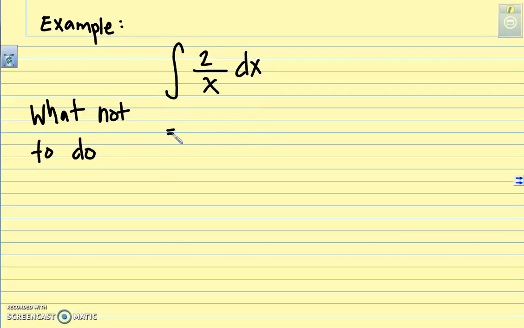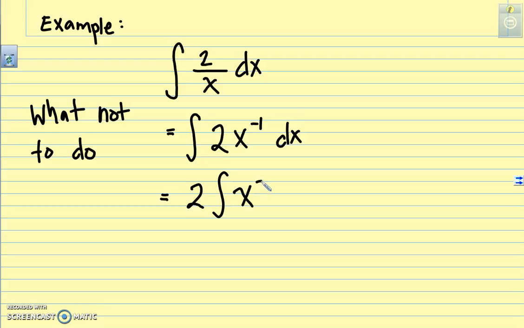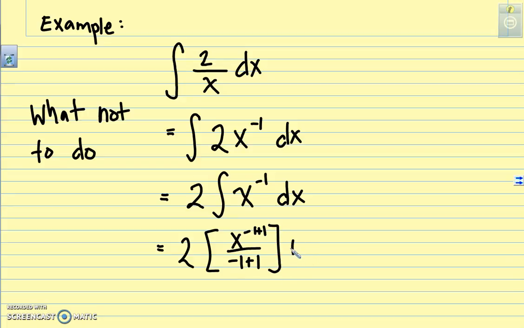Don't say this is the integral of 2 times x to the negative 1 dx, and then say, well, we've done this before, and all that is 2 times x to the negative 1 plus 1 over negative 1 plus 1, plus c.